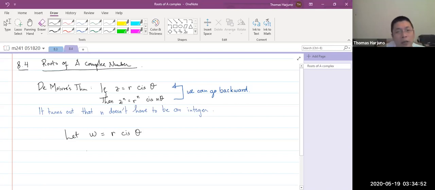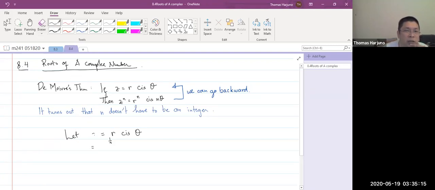Okay, then the nth root of W is equal to W to the power of 1 over n. Let me just keep it C instead of W. I don't want to confuse you too much.